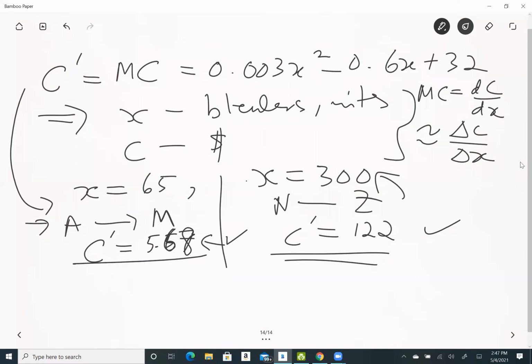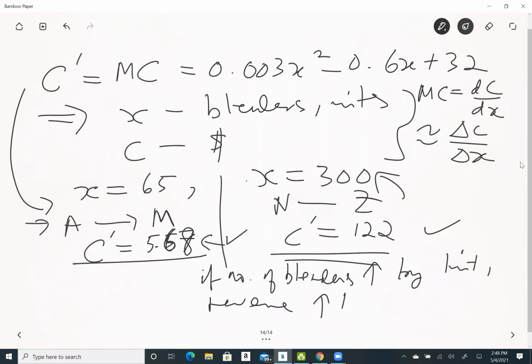Okay, so I write down here. If the number of blenders increases by 1 unit, revenue will increase by $122 at x equal to 300.